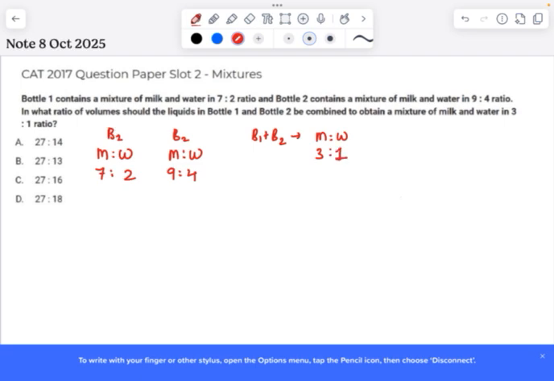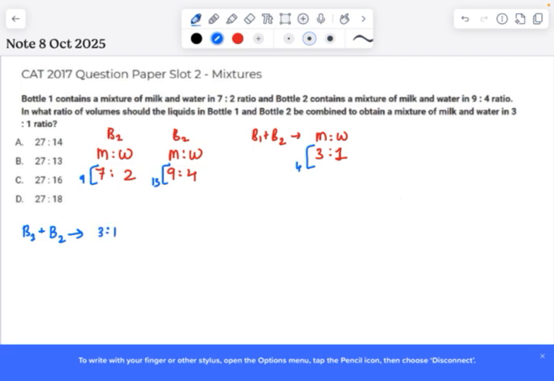First, let's see how many parts are in bottle 1, that is 7 plus 2, 9, and in bottle 2, 9 plus 4, 13. And in this mixture, that is 4. Now you just need to know that if you mix bottle 1 and bottle 2, you will get the mixture in the ratio 3:1.